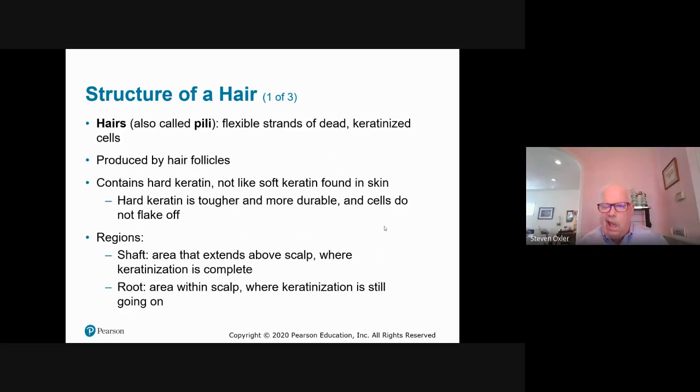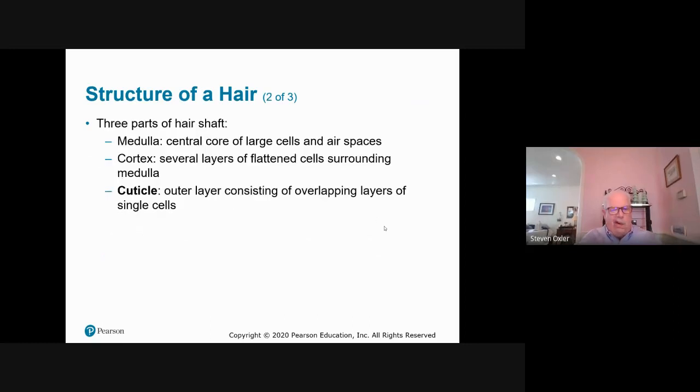In skin, the keratinocytes produce soft keratin. In hair, the keratinocytes produce hard keratin. Okay? You don't have to know the parts of the hair. That is not important. I'm not going to ever ask you questions on the parts of the hair.